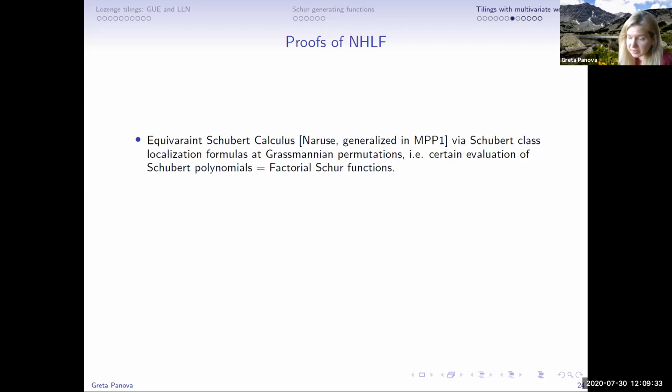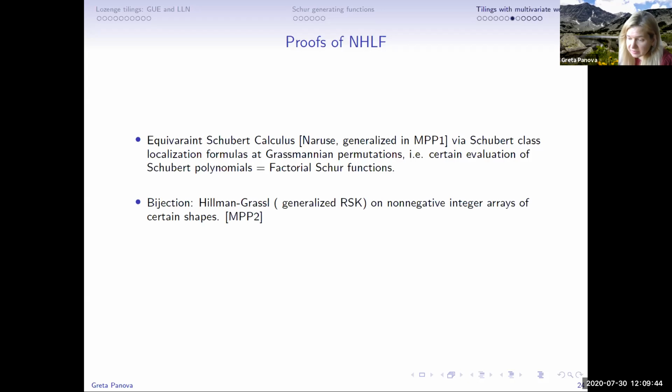Factorial Schur functions are certain parameterized generalizations of usual Schur functions. Maybe we'll see this in a moment. We also found a bijective proof using a generalized version of RSK from this q semi-standard Young tableaux, characterizing basically what sort of integer arrays exactly are producing these ones.